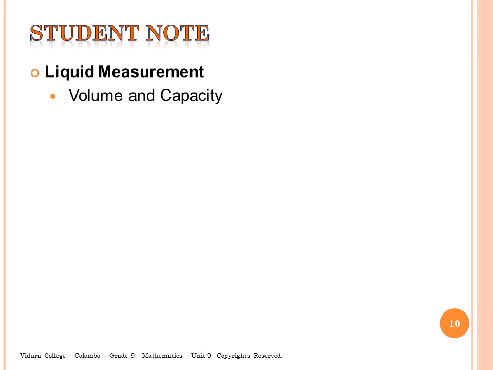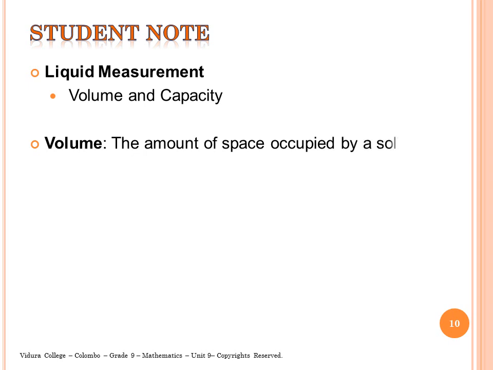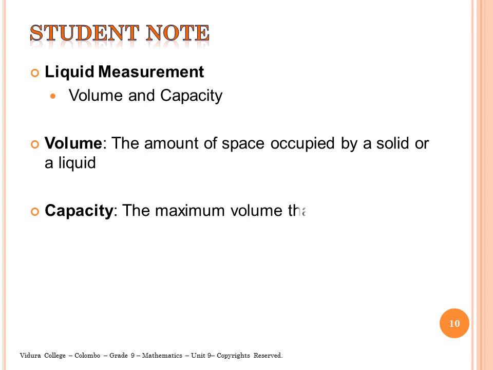Again, write down the next subtopic, volume, and write down the definition of it. Volume is the amount of space occupied by a solid or a liquid. Now, write down capacity: the maximum volume that a container can hold.